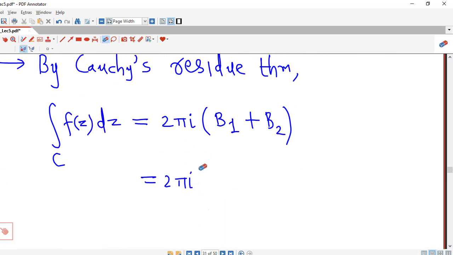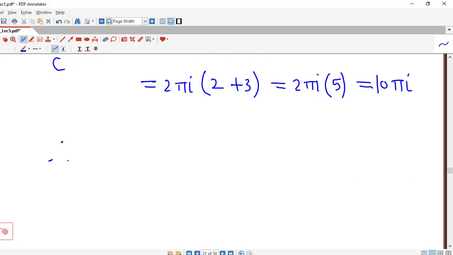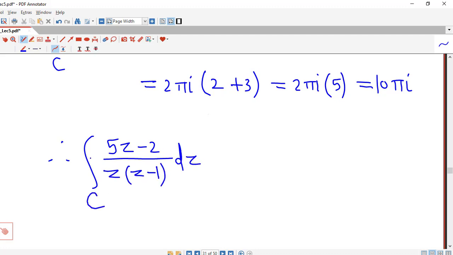So let me rewrite this bracket. 2 pi I times 2 plus 3, okay, so that is 2 pi I times 5, that is 10 pi I. So therefore integral of 5z minus 2 divided by z times z minus 1 with respect to z along simple closed contour, which is mod z equal to 2, is nothing but 10 pi I.